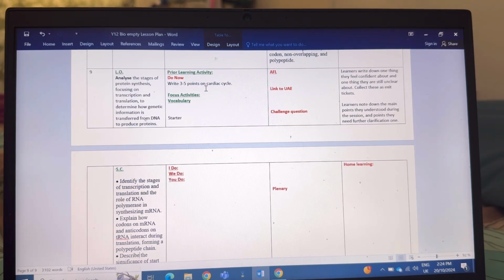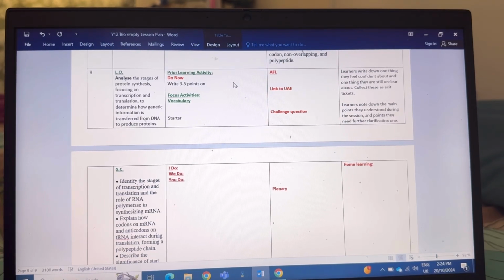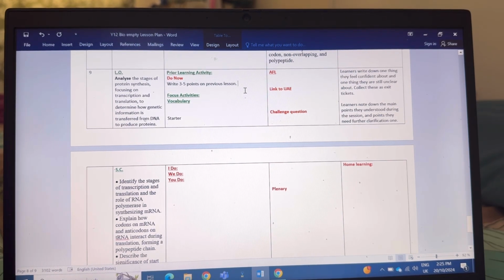For 2 minutes, my students will write 3 to 5 points on the cardiac cycle. Now, this is not the cardiac cycle, I mean the previous topic. My students have to recap or recall the main points that they learned in the previous class. So that's the do now for my year 12 bio students.